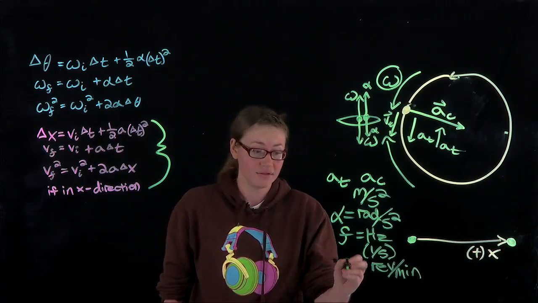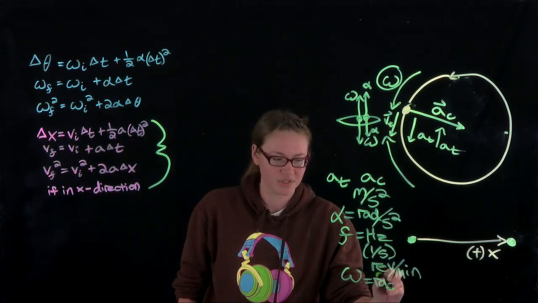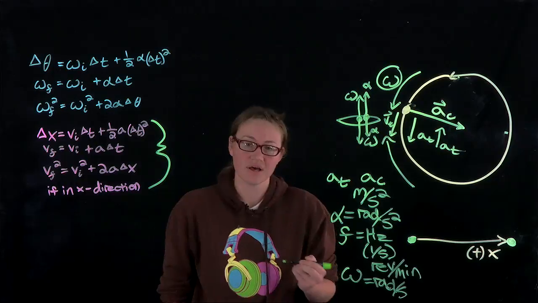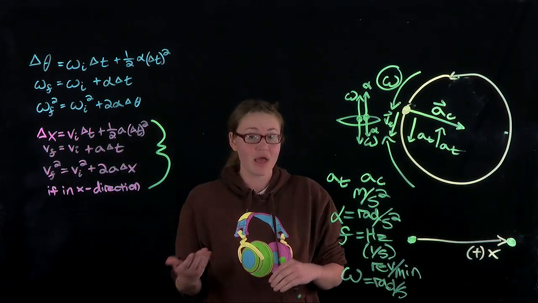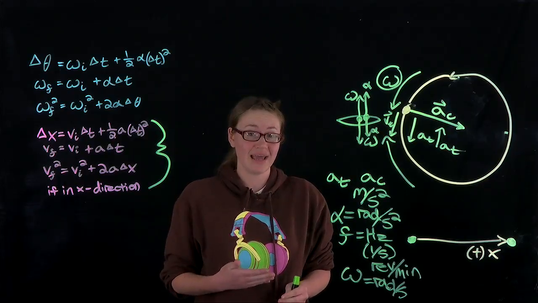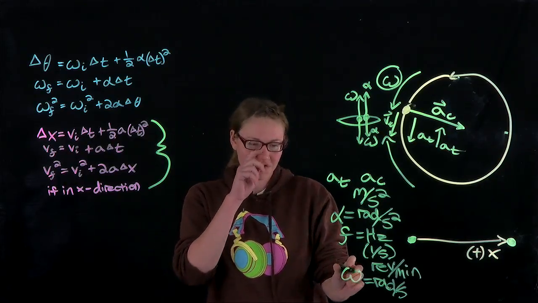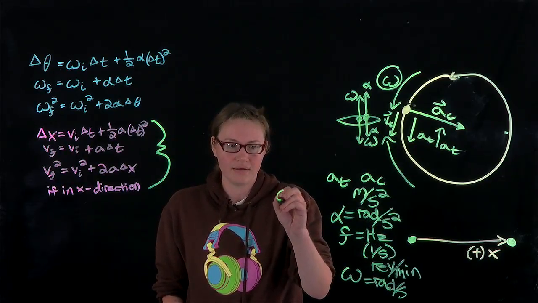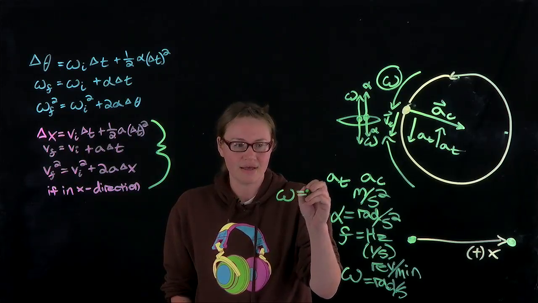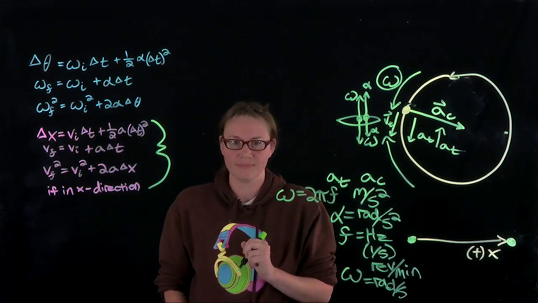And your omega, your angular velocity, is always going to be in radians per second, which is often confusing because if you're given revolutions per minute in a problem, most of the time you'll plug it in as your angular velocity, and that's not the case. To convert it to angular velocity, we have an equation where omega is equal to 2 pi times your frequency.